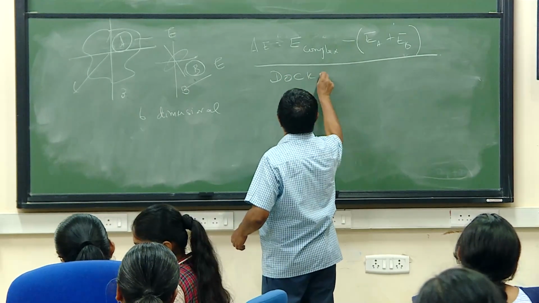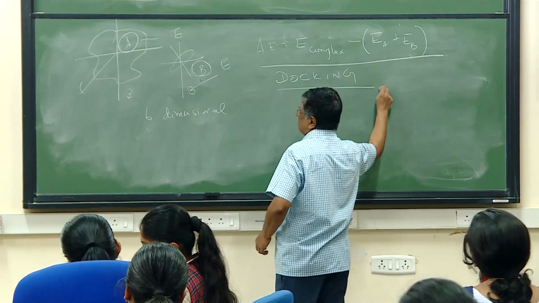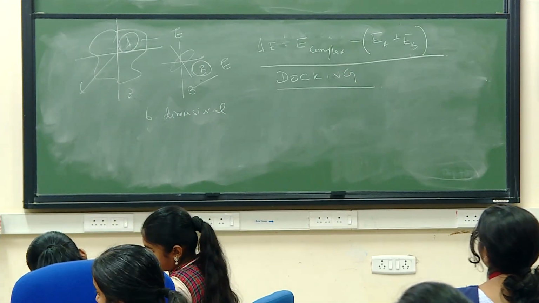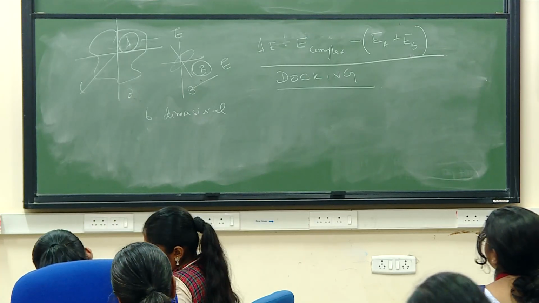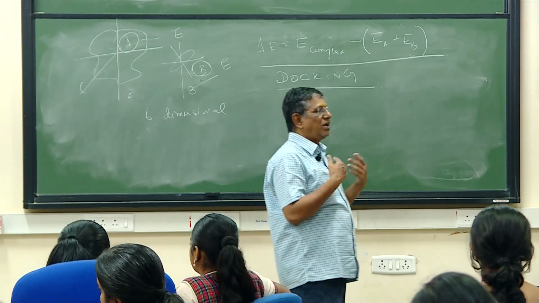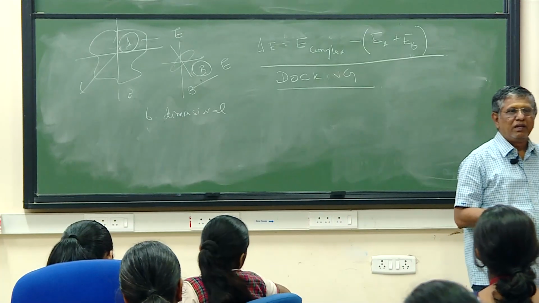This process is called docking. Somebody said binding. Now this binding comes. I put 2 molecules together, then I get a binding. Alright, this is the binding mechanism. This is called docking. So docking can be scored.